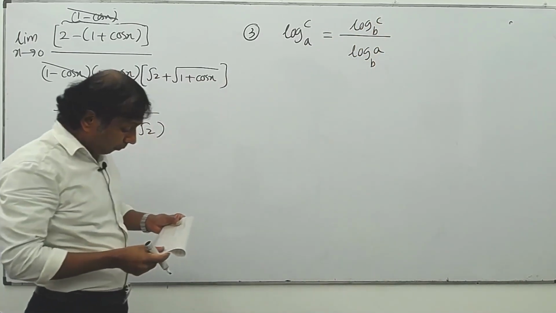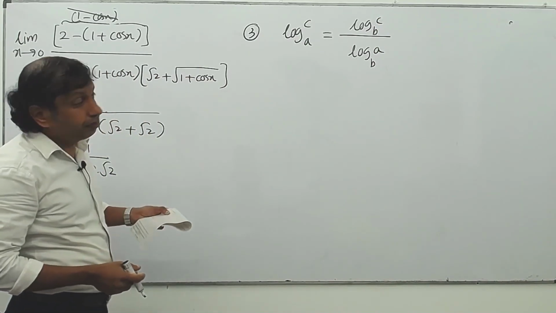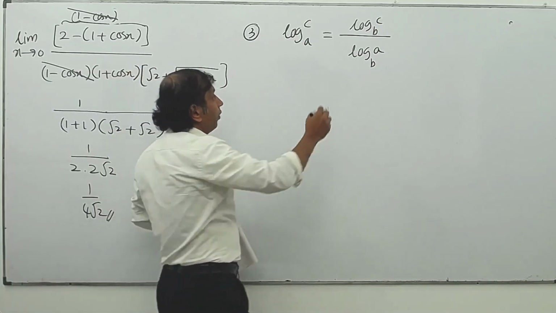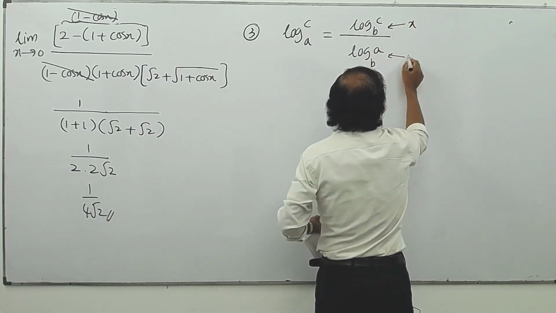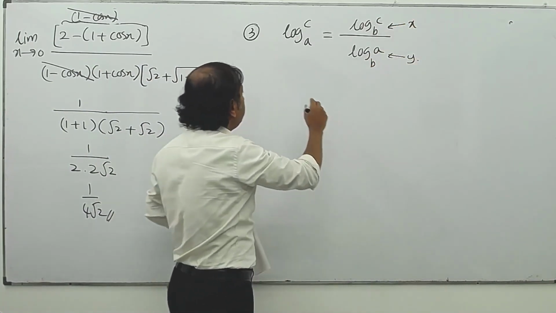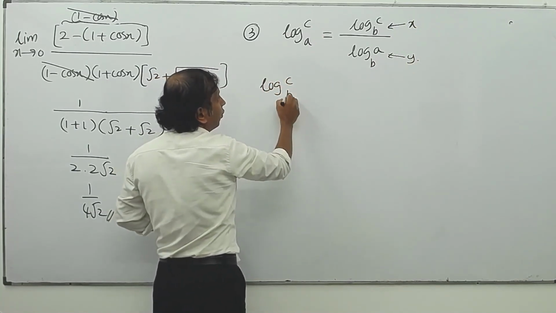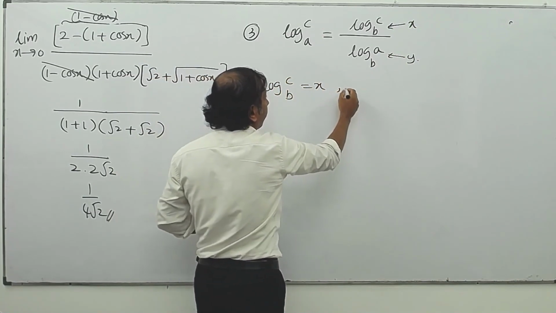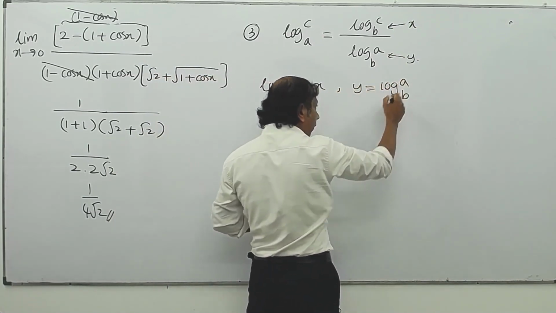Like this. This one we have to prove. Very easy proof, no? We take this as x and we take this as y. Log C to the base B we take as x, and y is log A to the base B.